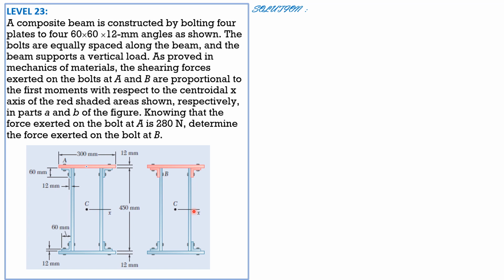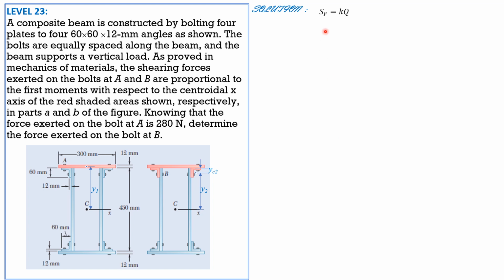So shear force, let's call this y1 the distance of the centroid of this shaded area with respect to the neutral axis, and this is the centroid of one of the angles, and its distance from the centroidal x-axis is denoted by y2, and its distance from the bottom of this rectangular plate is yc2 as shown.